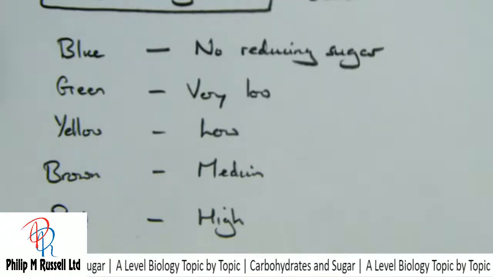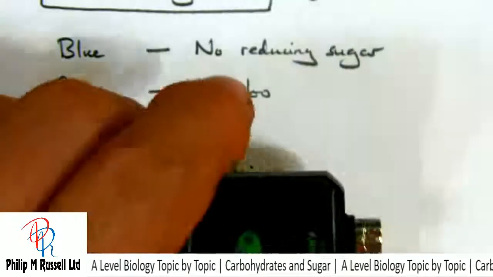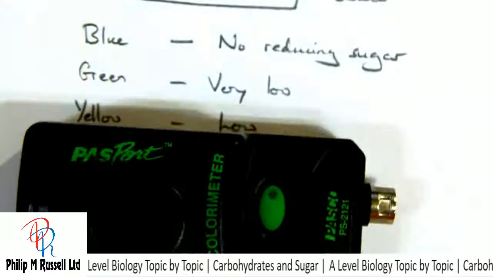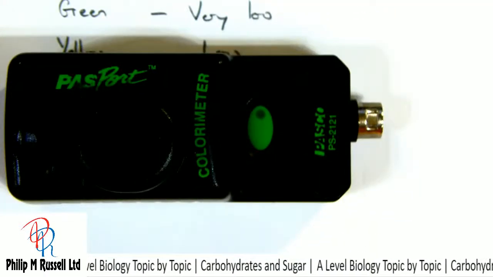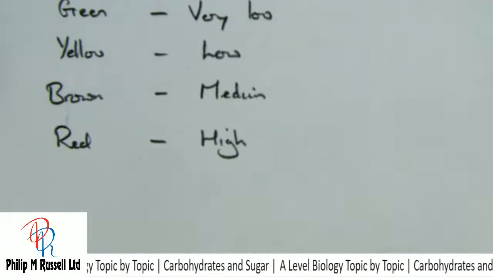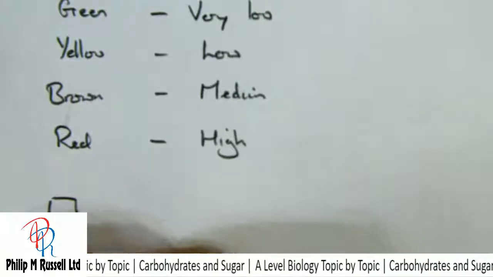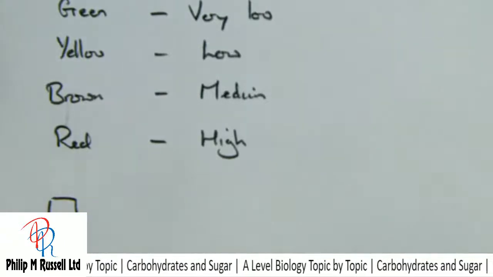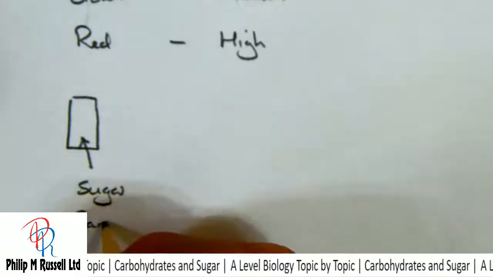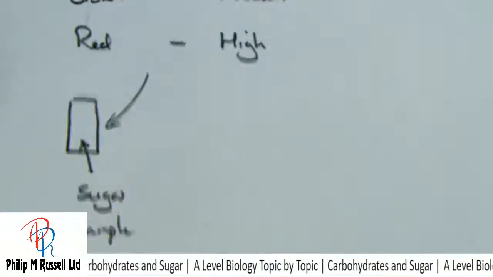Now, how can we make it a quantitative test? Well, here we're going to use the colorimeter. To use this, what I've got is a sample of sugar that I know nothing about. So I've got a sample of my sugar, and I've just done this Benedict's test on it, and it's one of those colours up here.